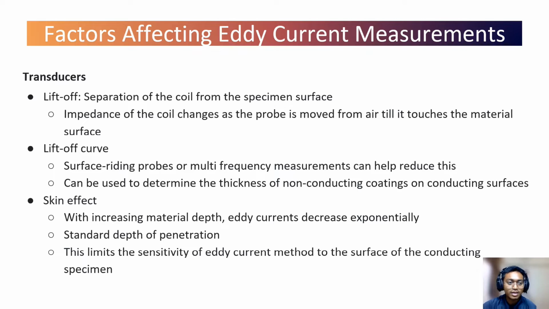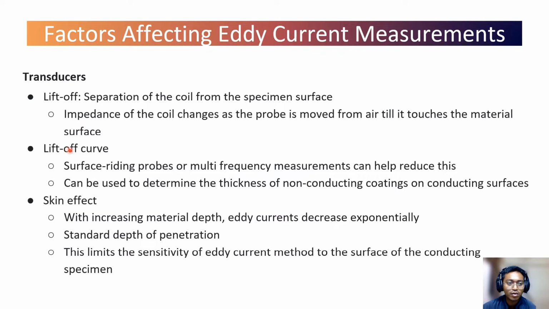So here are the factors affecting the eddy current measurement. The first one, in transducers, is lift off. What is lift off? Lift off is the separation of the coil from the specimen surface. As the probe is moved from air until it touches the material surface, the impedance of the coil will change.